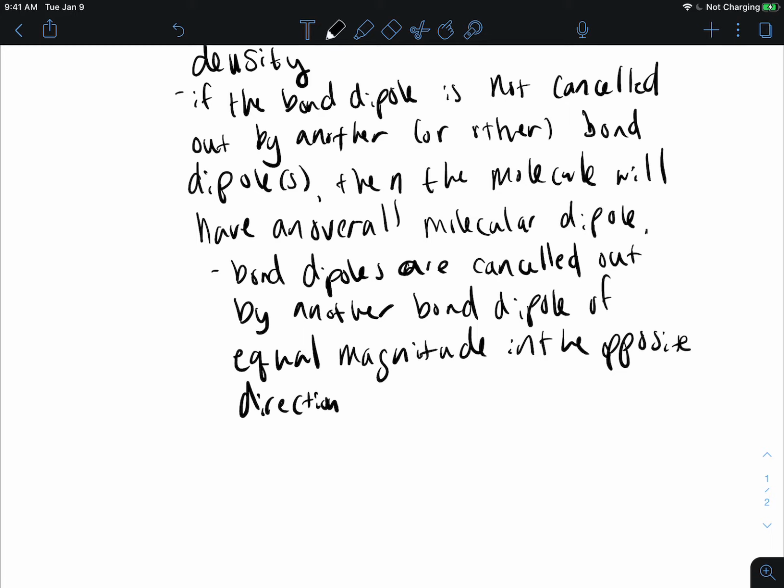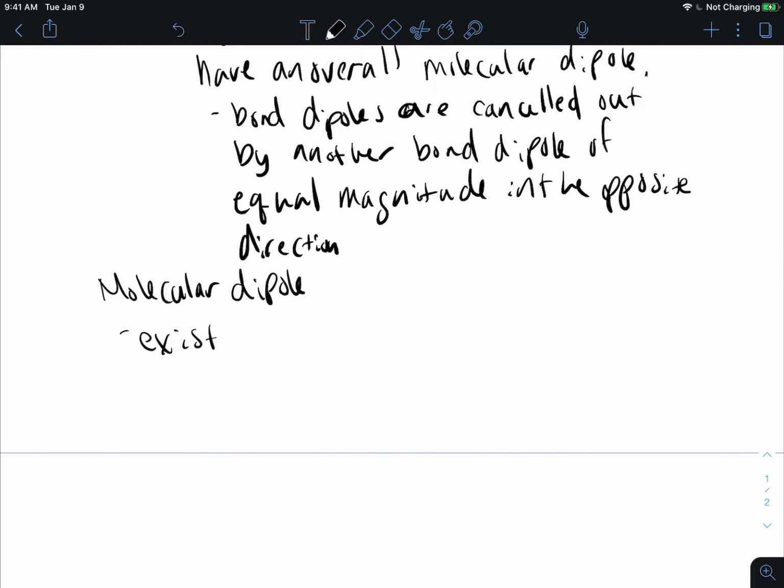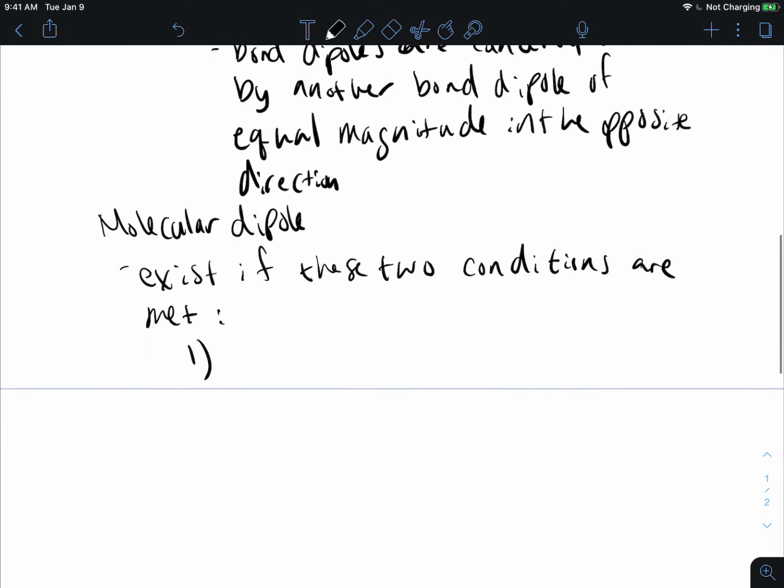So what we find is we will have a molecular dipole if we have asymmetry, or we will have no molecular dipole if we have symmetry. So molecular dipoles will exist if these two conditions are met. Of course, first, you have to have bond dipoles.